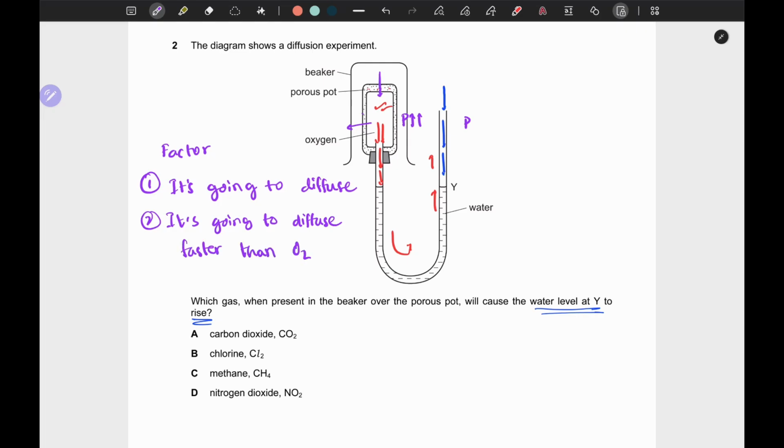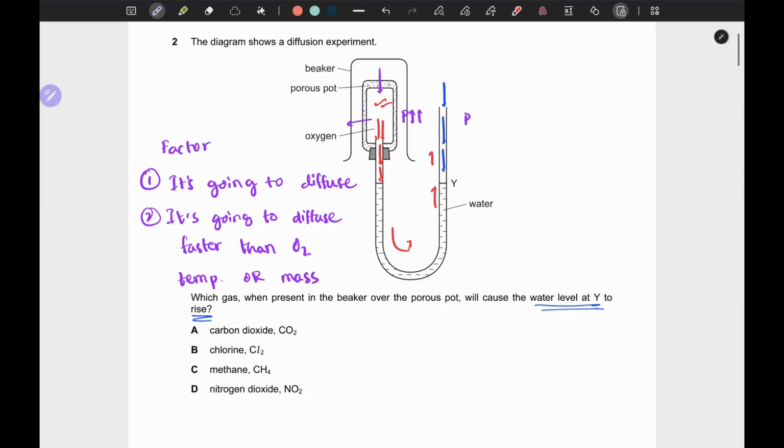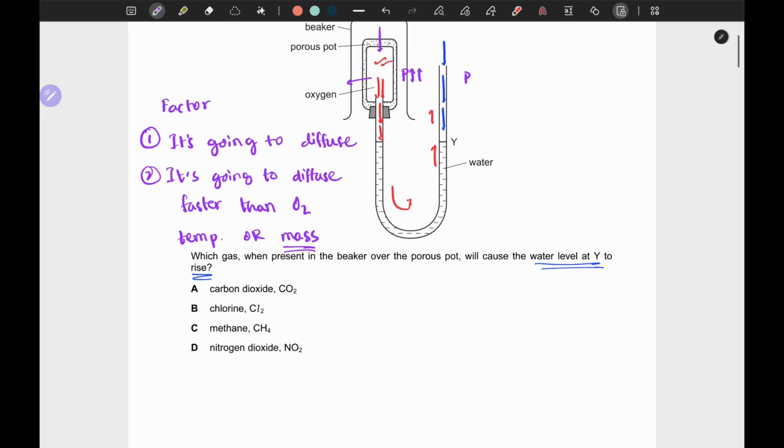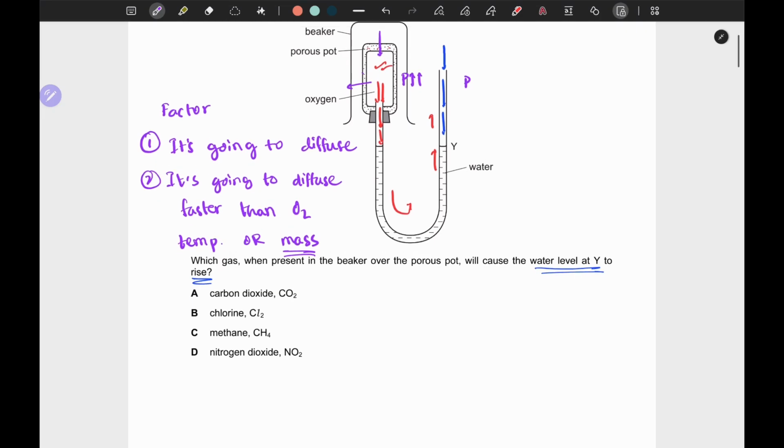So now, to diffuse faster than oxygen, first of all, the factors affecting diffusion would be temperature and Mr, or mass. Now, the temperature is going to be the same for all the gases over here, even for oxygen. So that isn't a factor. The main factor over here is going to be mass. So now if we compare all the masses of the gases over here, it's very obvious that CO2 will have a mass that's greater than oxygen.